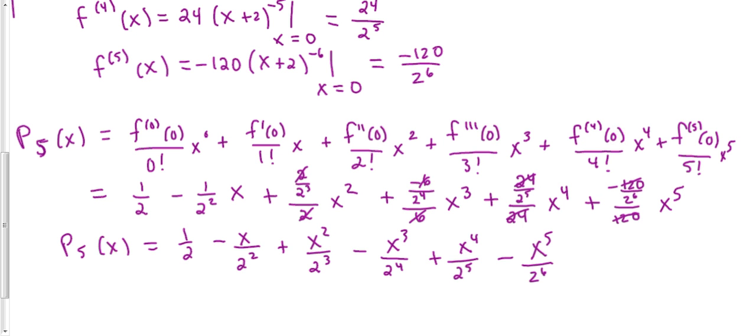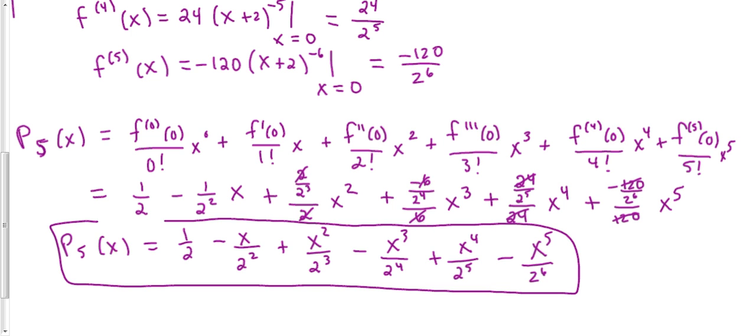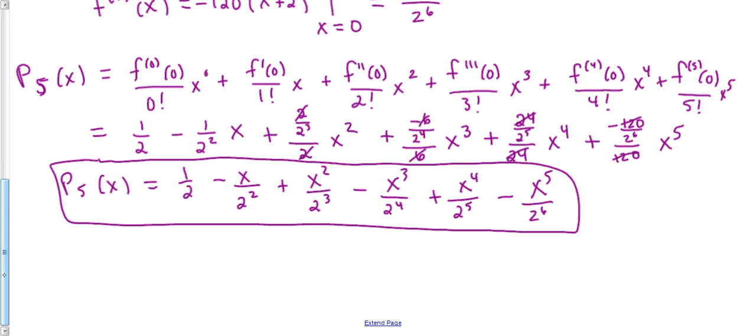Now that answers the first part of the question, which is to get our fifth order Taylor polynomial, but we're also supposed to be able to expand this to make the Taylor series. And so I think we can see that there's a pattern evolving here. So my general formula here is going to be Pk of x, and that's going to be some series going from n equals 0 to k.